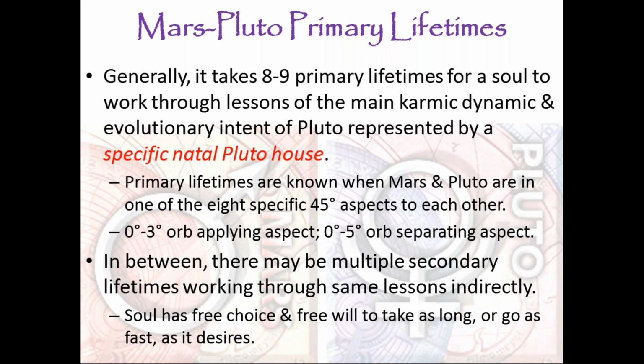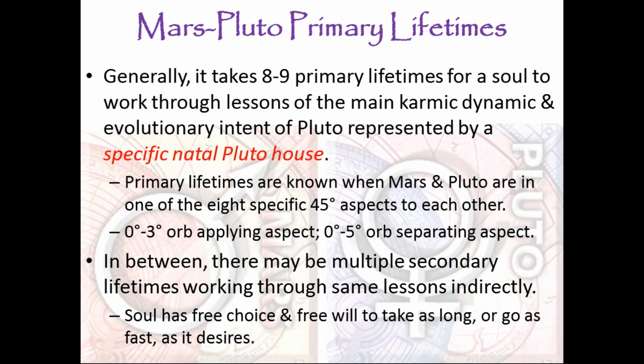And so here again, those primary lifetimes are always one of the 45-degree aspects. We use a little bit smaller orbs here for the primary lifetimes. If Mars is 190 degrees from Pluto and it's 10 degrees past the opposition, it would be more of a secondary lifetime than a primary.